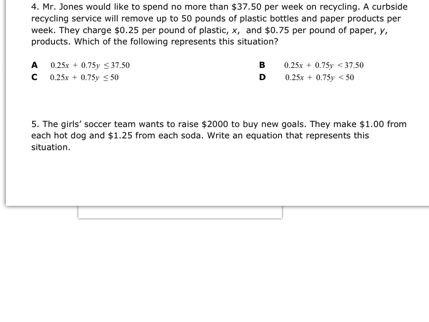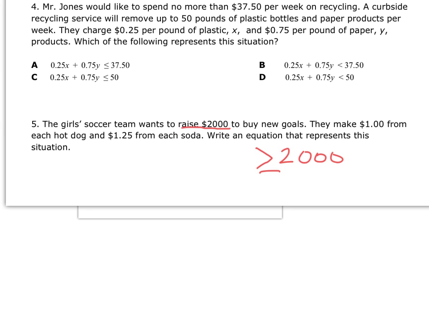So here we need to raise $2,000. So we have to use some kind of deductive reasoning. So can they make more or less than $2,000? More. They have to make more than $2,000, right? So I'm going to write 2,000 at the end of my inequality because I know that's my total, right? So which way should my inequality face? Like this?